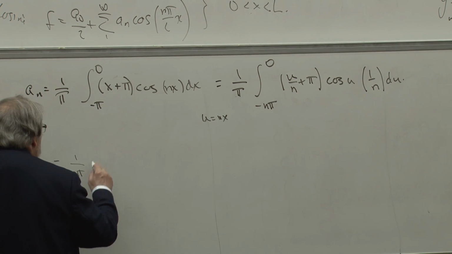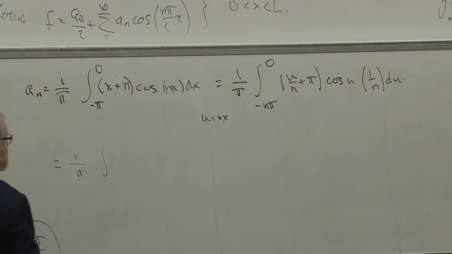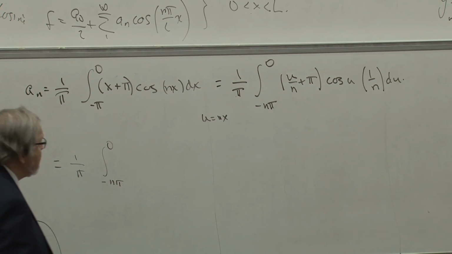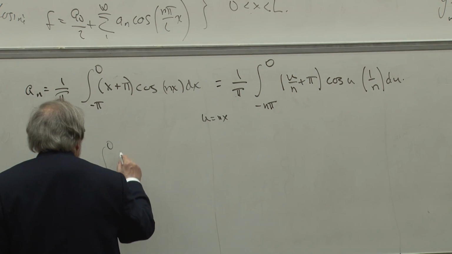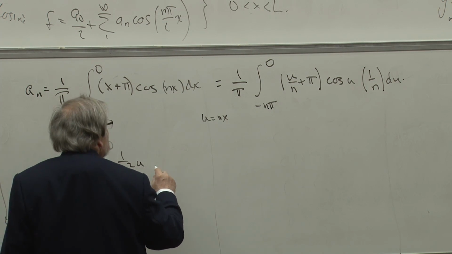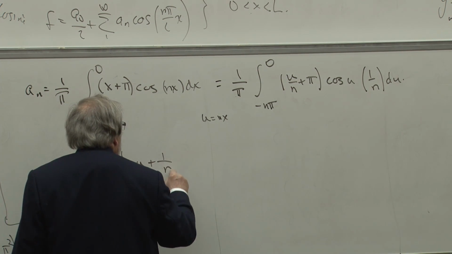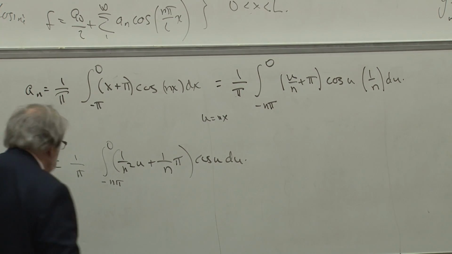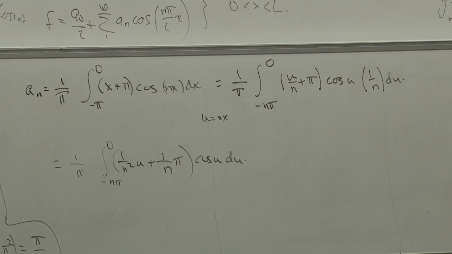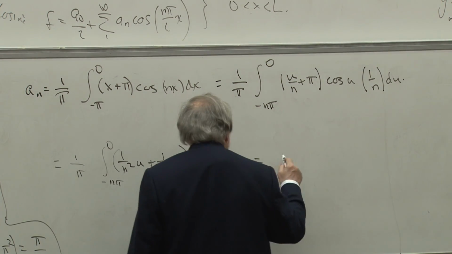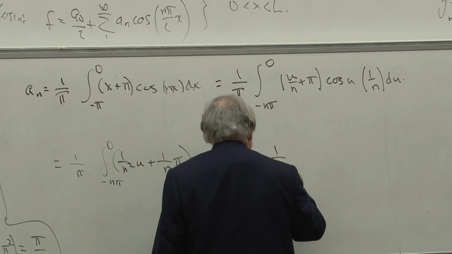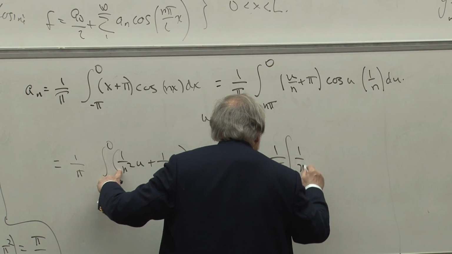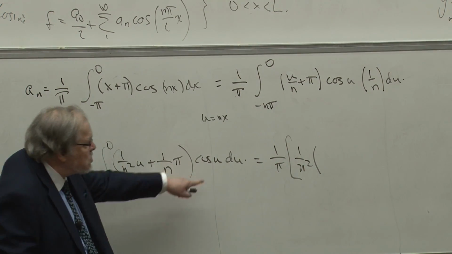Okay, 1 over pi. So I've got the integral from negative n pi to 0 of 1 over n squared u plus 1 over n pi cosine u du. So the first thing I have is 1 over n squared times the integral of u cosine u du.